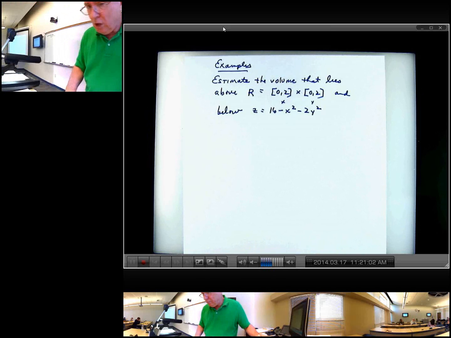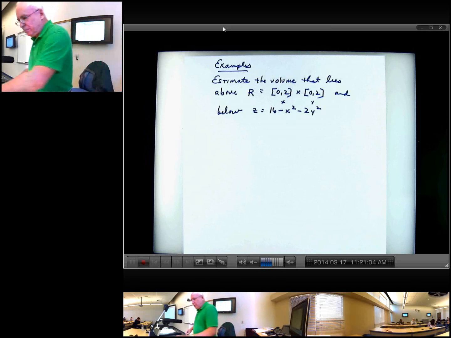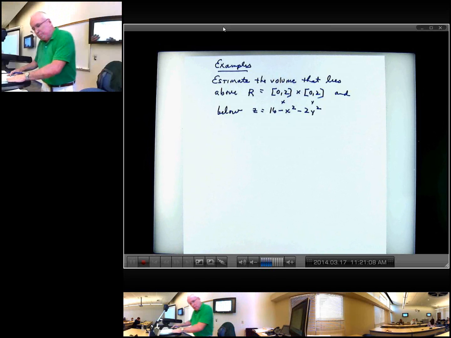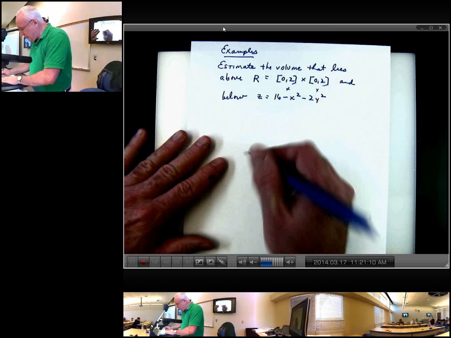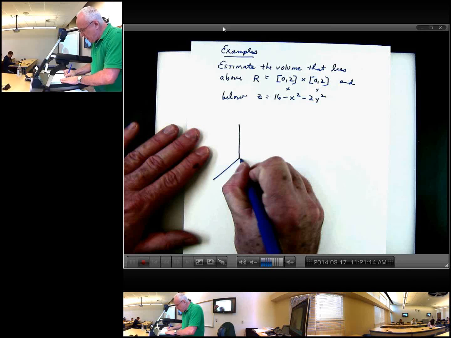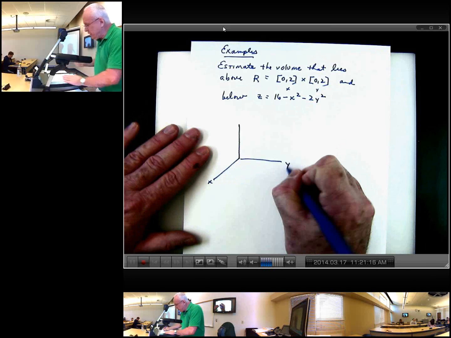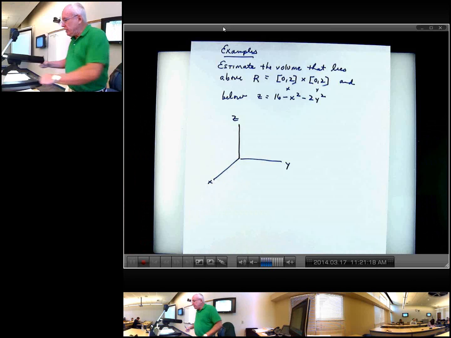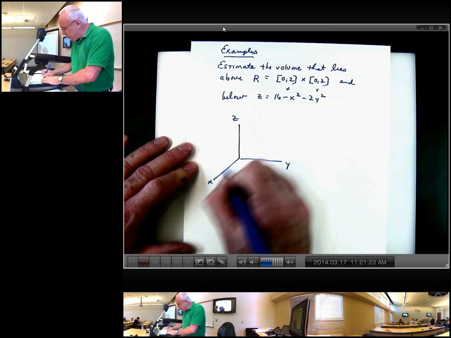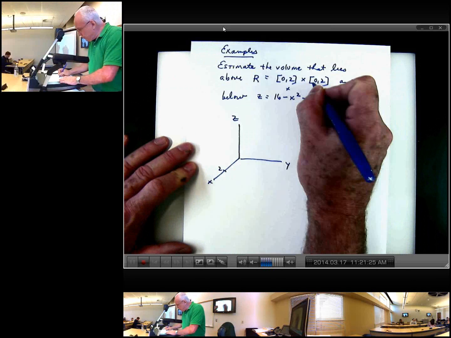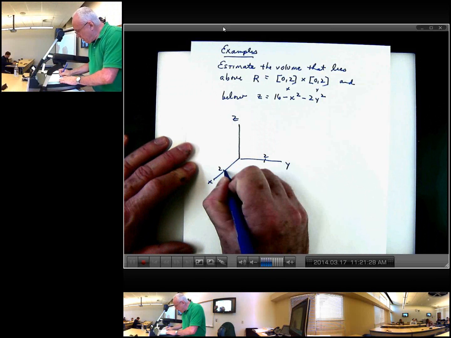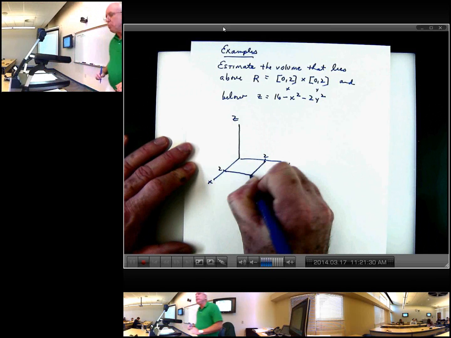Oh well. Let me see if my drawing ability is horrific, but basically what we're talking about here, x, y, and z, our rectangle is x goes from 0 to 2, y goes from 0 to 2. So this here is our rectangle in the xy plane.